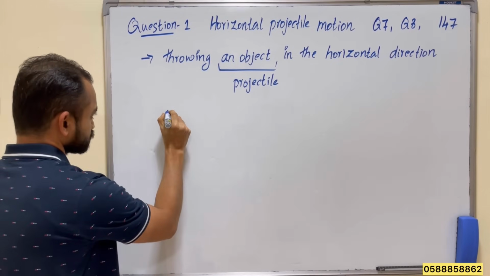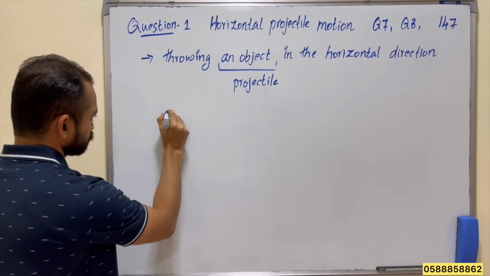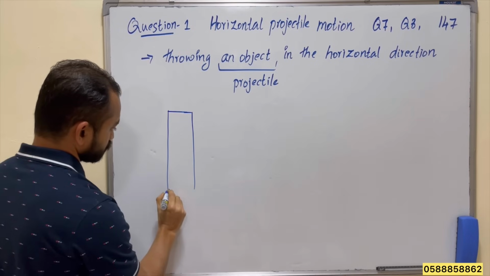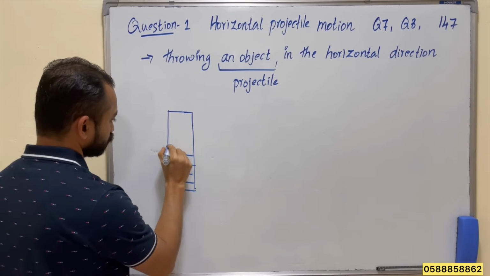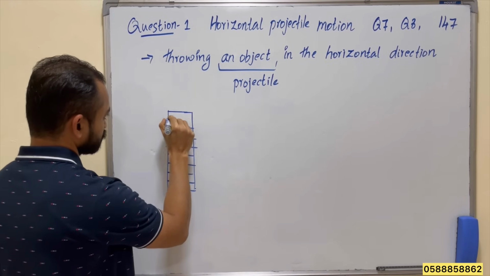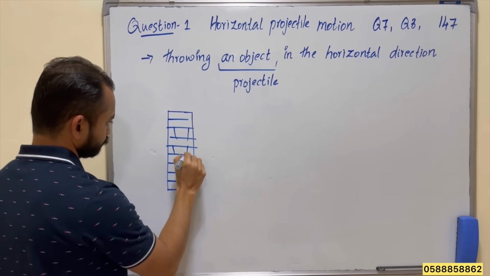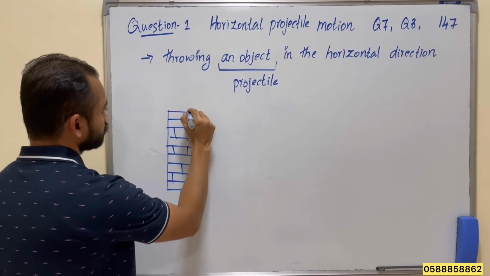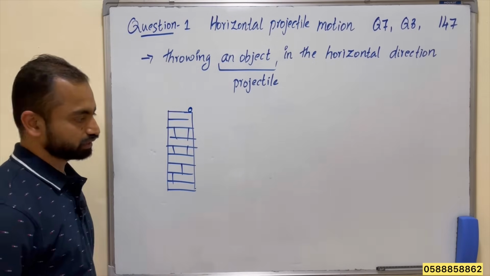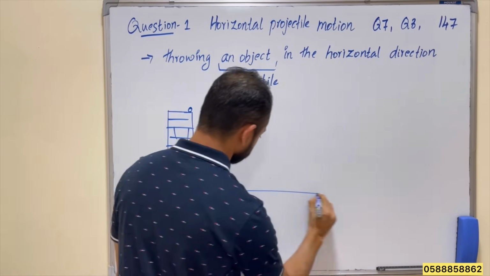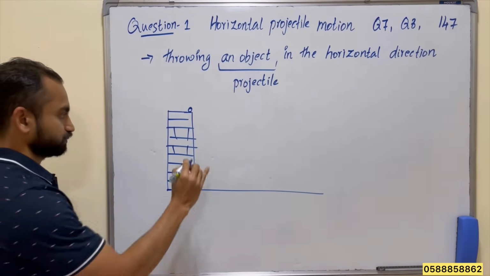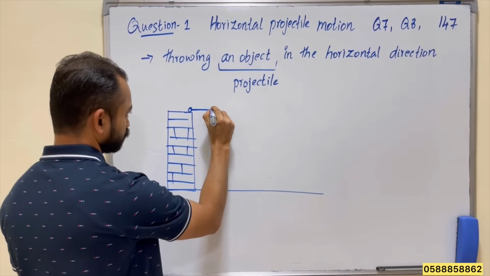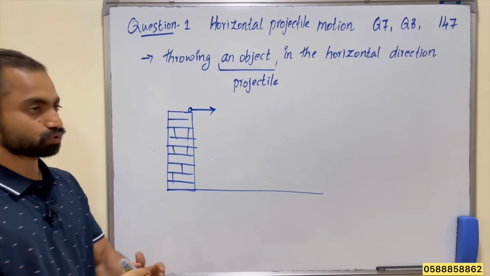so what happens if I throw? You are on the top of this building, and this is the ground. You are throwing a ball from here, in the horizontal direction from the top of the building.